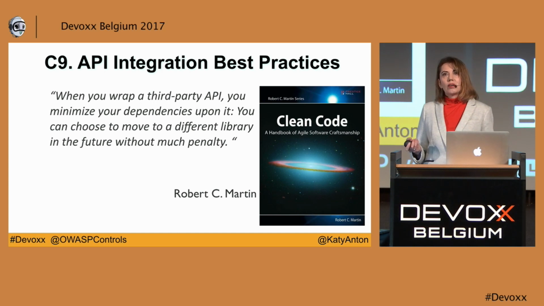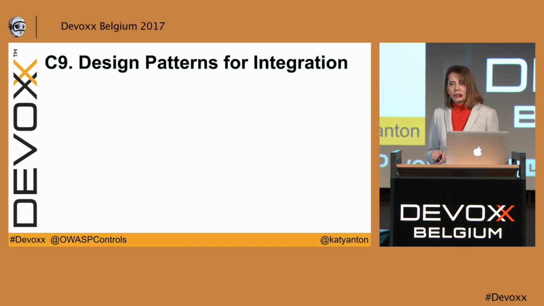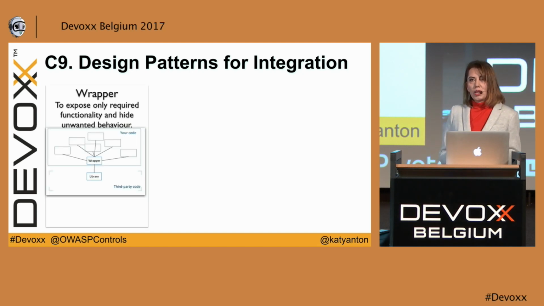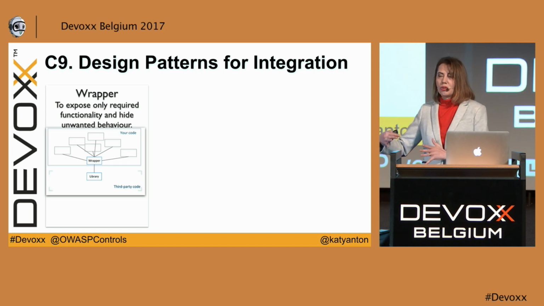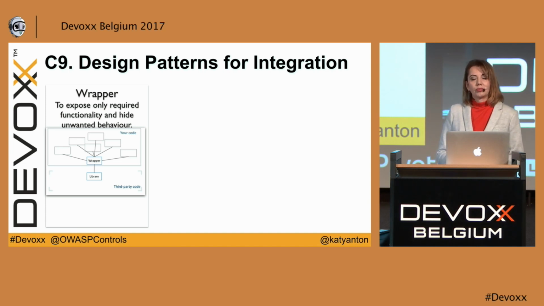Now, depending on the complexity of the library that you bring into your software, there are a few software design patterns that you can consider. If you are just using a simple library, then you can use a simple wrapper to expose into your software only the functionality that you need and hide unwanted behavior.